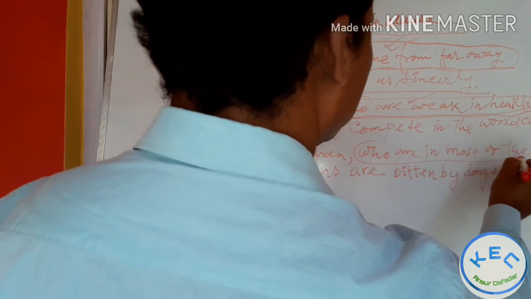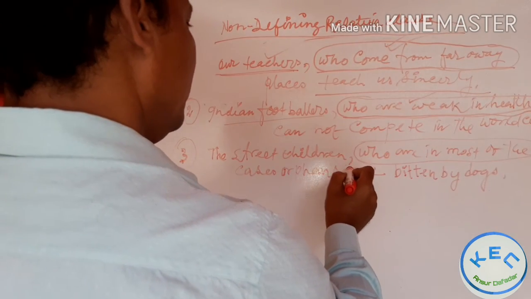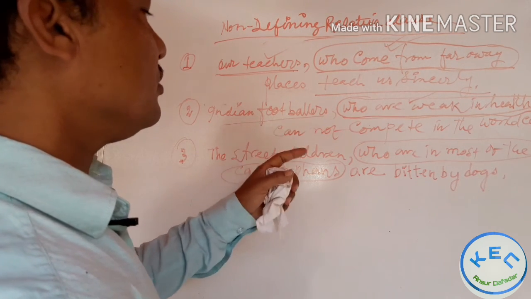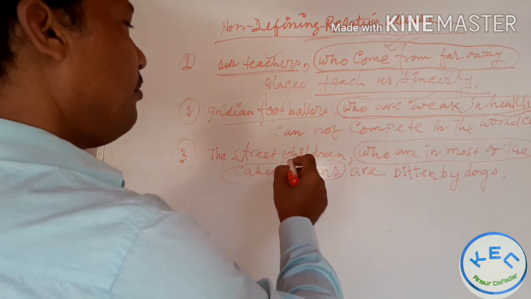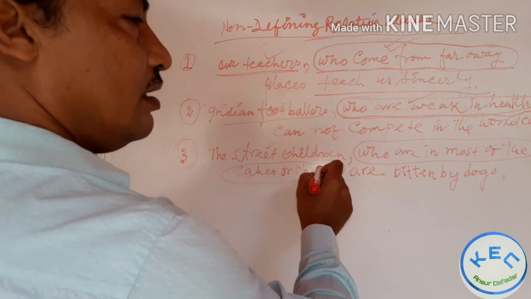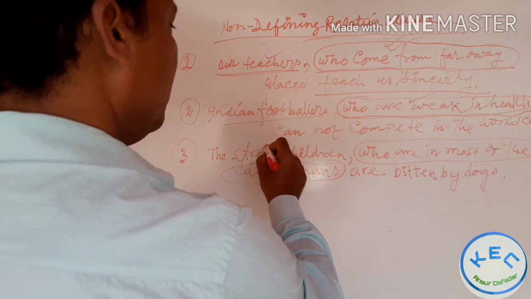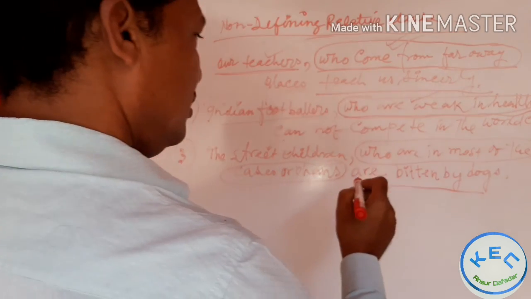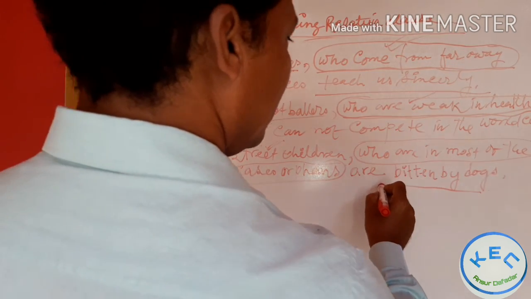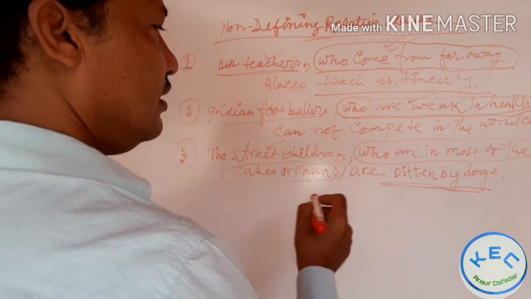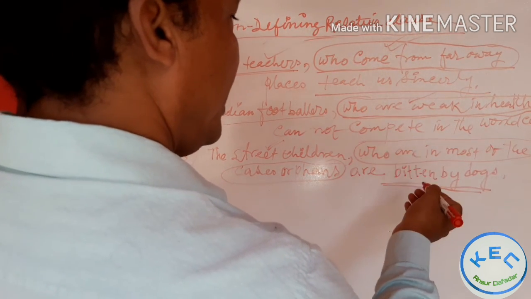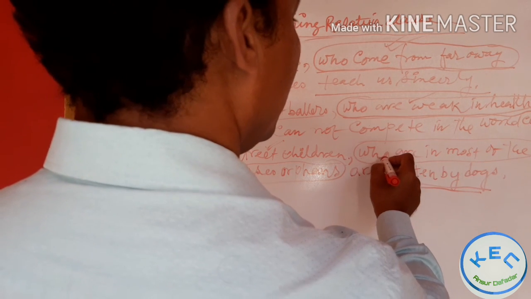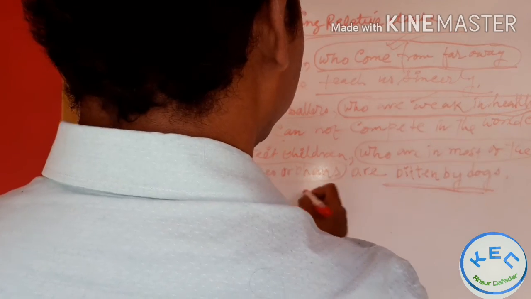This relative clause is giving the additional information about the street children. Their main destiny is being beaten by the dogs, but apart from this destiny, they have additional quality or situation. They are in most of the cases orphans.